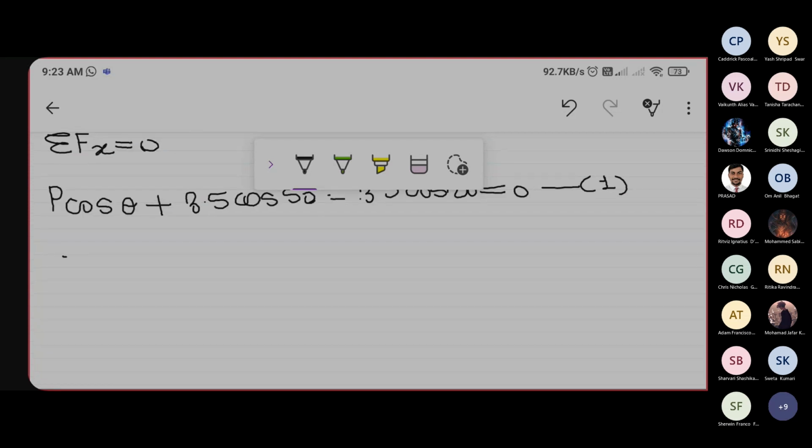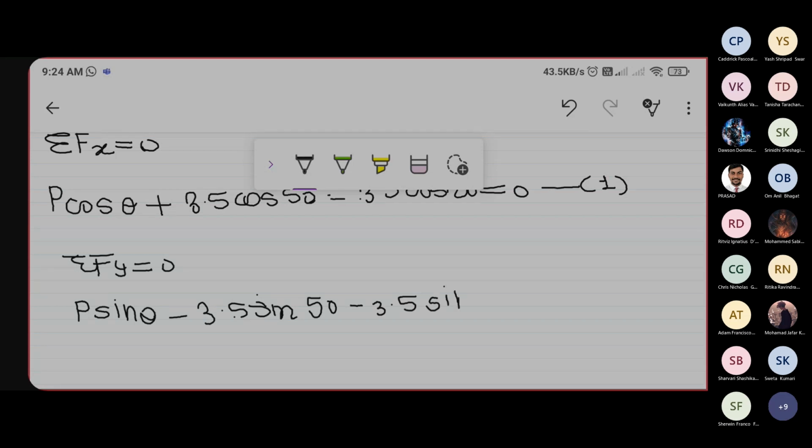Second equation, summation of forces in y direction. Why can we use this equation? Because the body is in equilibrium. So it is P sin theta minus 3.5 sin 50 minus 3.5 sin 20 is equal to 0.